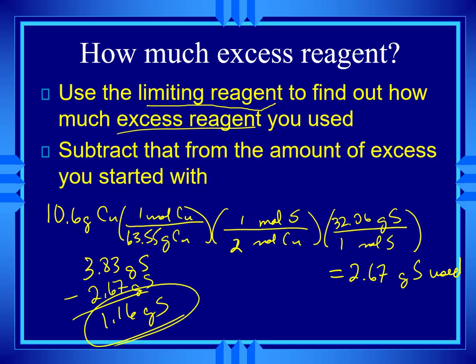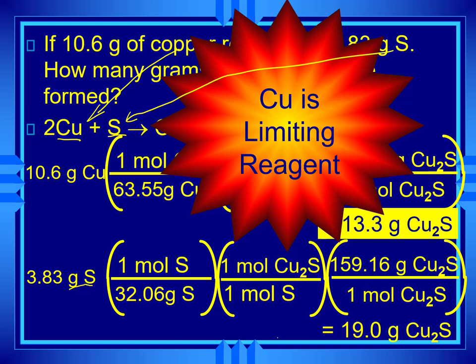So I take the reactant that I started with and ran out of, the limiting reagent, turn it into the reagent I didn't run out of, the excess reagent, and then subtract that from how much I started with. What students want to do is they want to take these answers and subtract them.